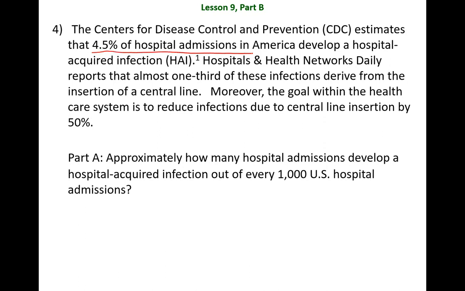Well, they tell us 4.5% of hospital admissions. So if we have 1,000 hospital admissions, we want 4.5% of 1,000. That's 0.045 times 1,000. Or 45 patients.